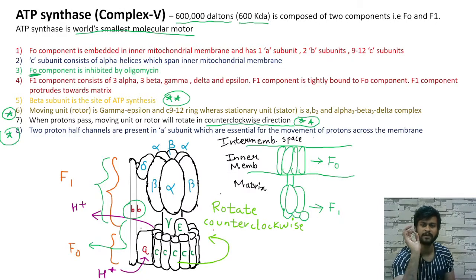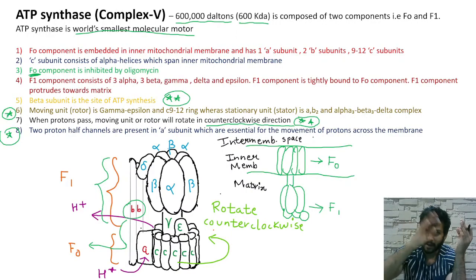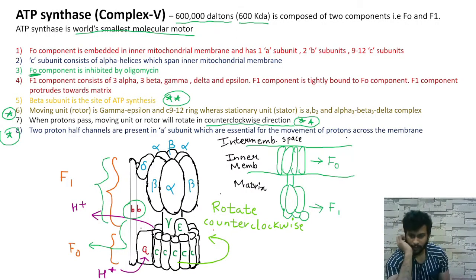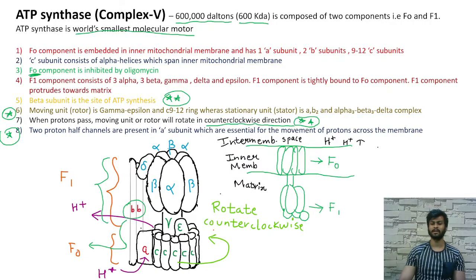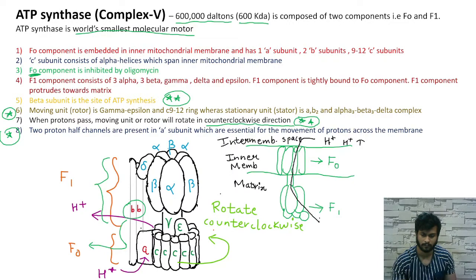In the intermembrane space, we have studied that the protons will be pumped from the matrix to the intermembrane space, due to which a gradient is produced, or the concentration of protons in the intermembrane space will be higher. Due to this, along the concentration gradient, the protons will again come to the matrix through ATP synthase.